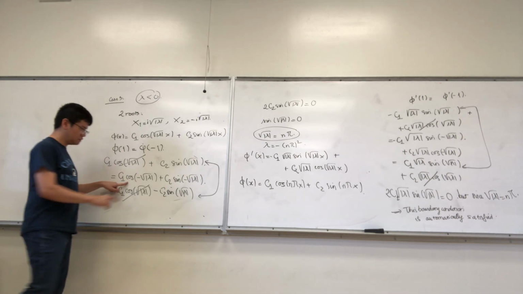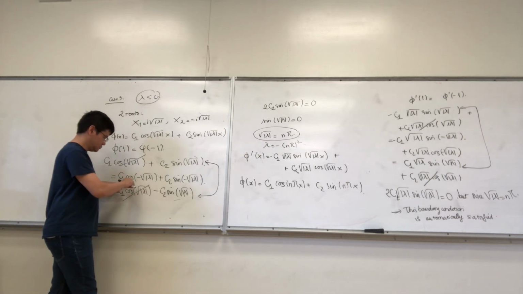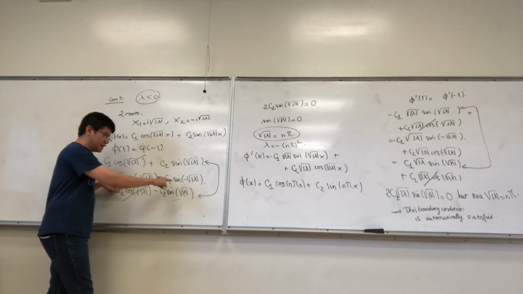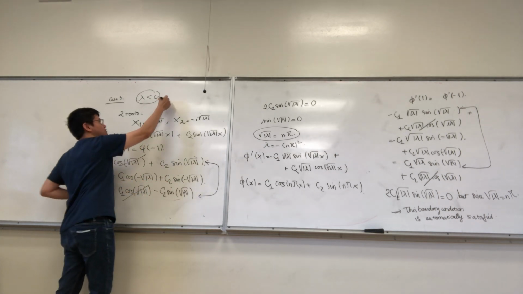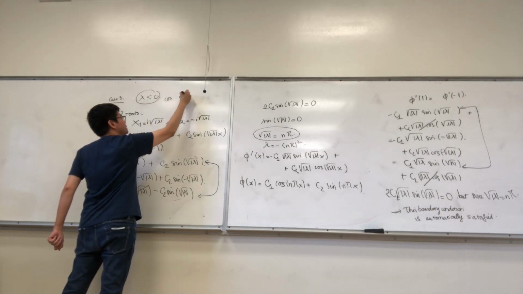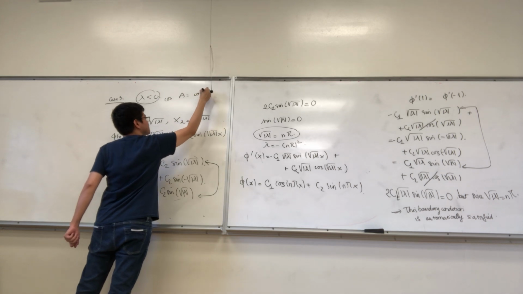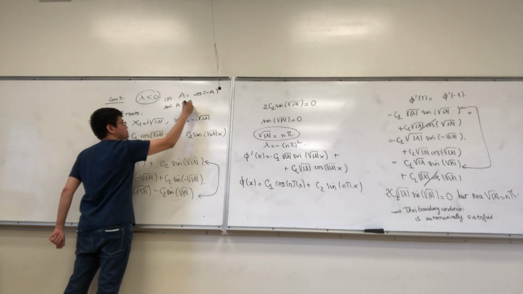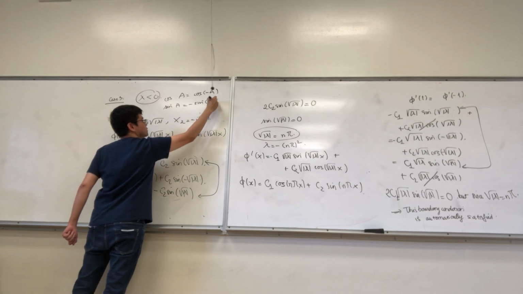So the cosine of minus square root of lambda is the same as the cosine of square root of lambda, and the sine is the minus sine. Cosine of x is cosine of minus x, they are the same, but sine of x is minus sine of minus x.